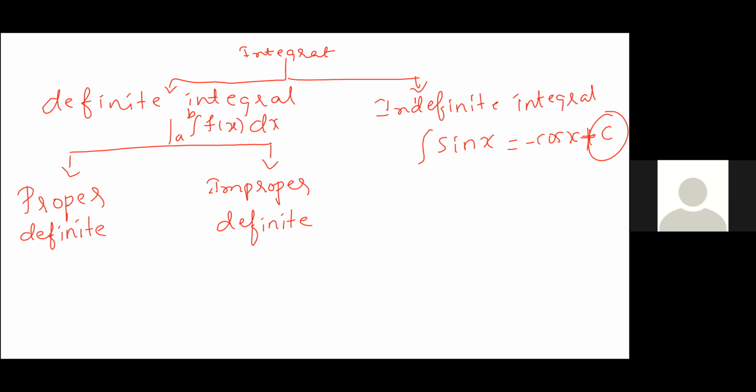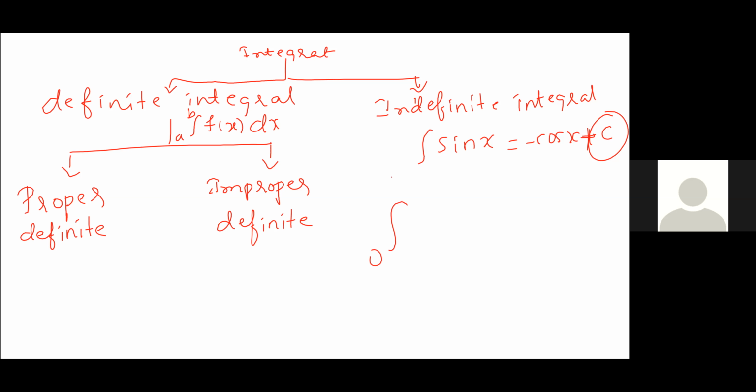Any idea about proper and improper? It is continuous, sir. Which one is continuous? A proper definite integral, sir. No, it should be continuous, either the integrand or the value of the integral. Take an example, okay?